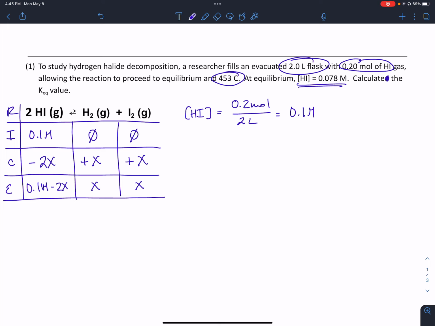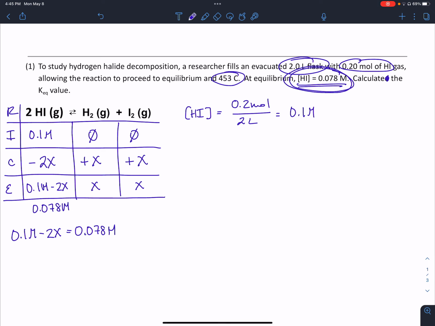So we've got to look back in the problem. There's got to be some more information. And if you look right here, it tells us that at equilibrium, we have 0.078 molar of that HI remaining in the flask. So what that tells me is 0.1 molar minus 2x equals 0.078 molar.